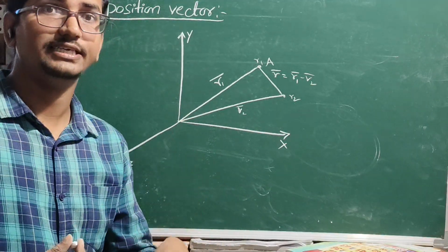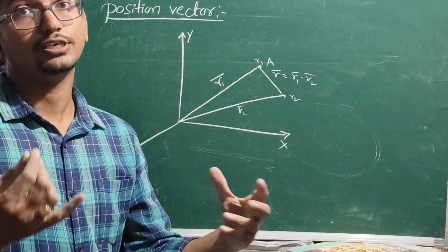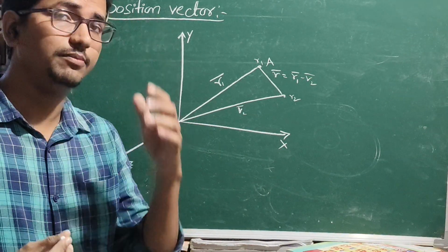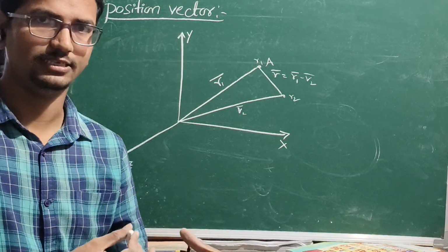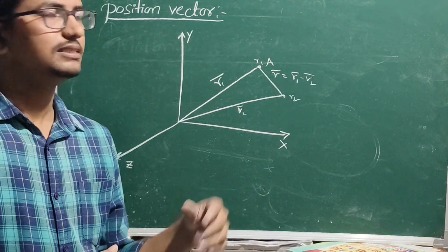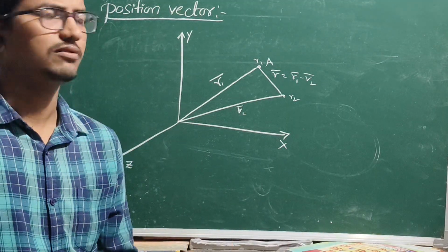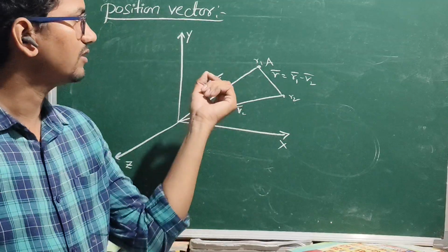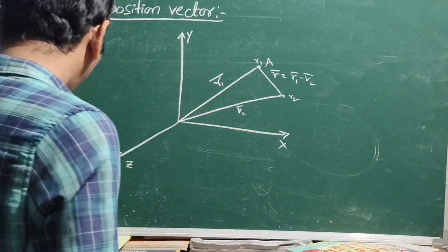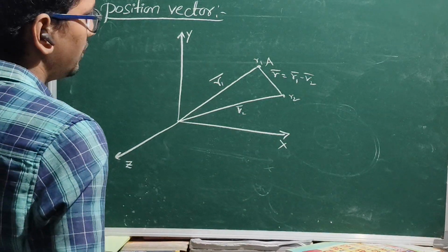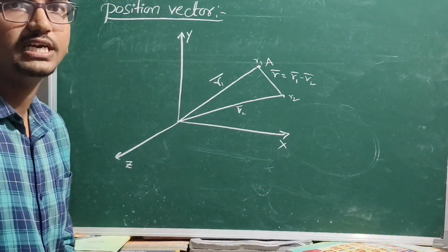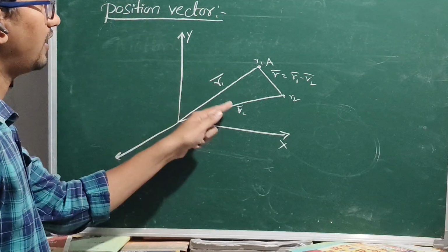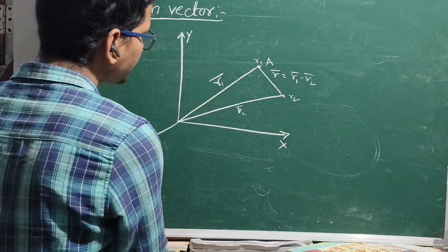For example, static electric charges, where the charge is placed in space. We need to use it. And in three dimensions, whatever topics you study, it is useful for us. That is called the position vector. From the position vector we know, that's why we can find it easily. How can you find where the object is placed, considered from the origin point? That's why we need to find it, and that is called a position vector.